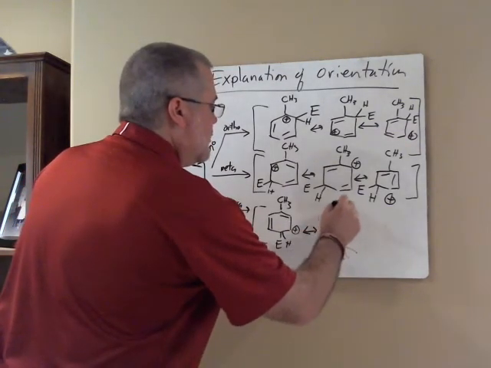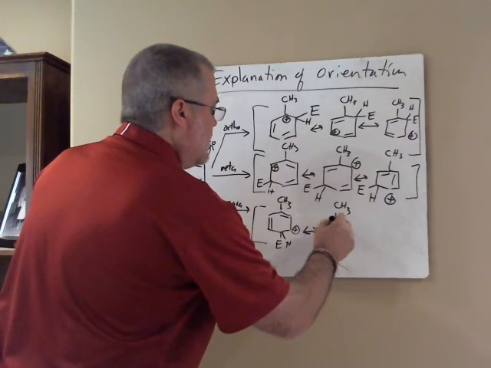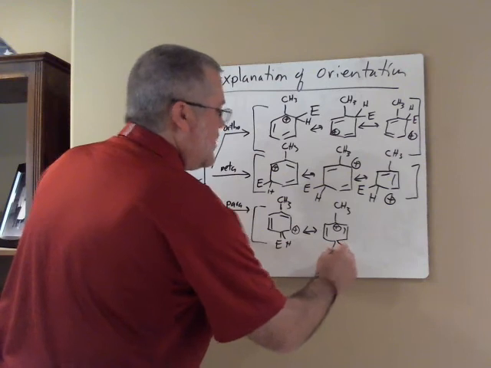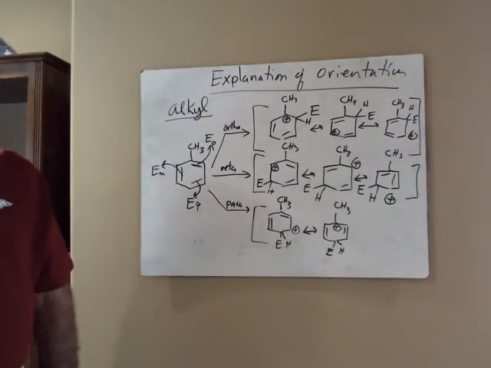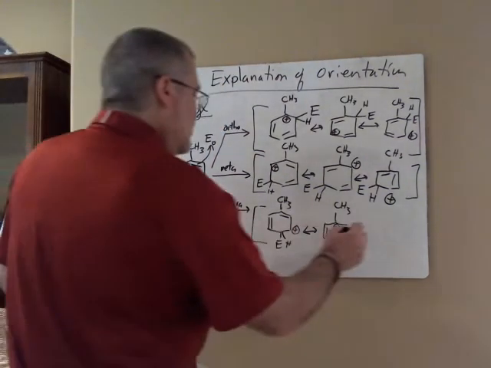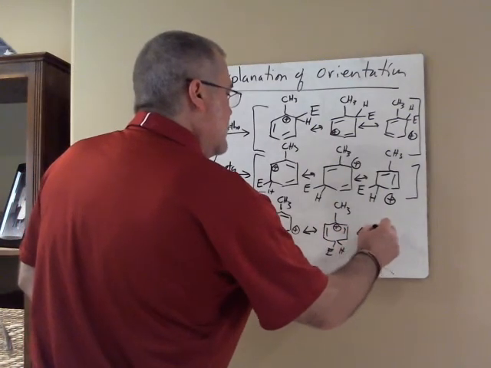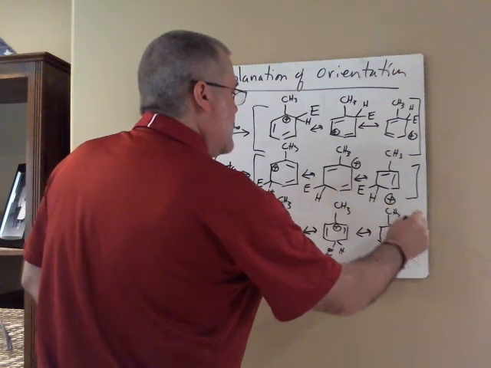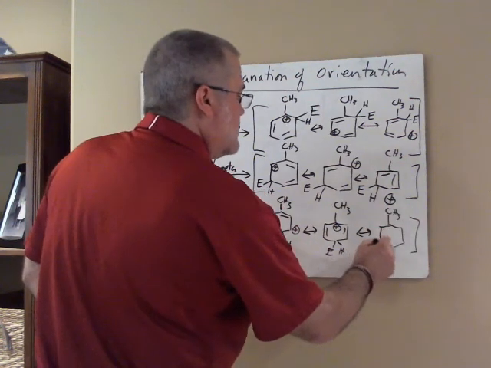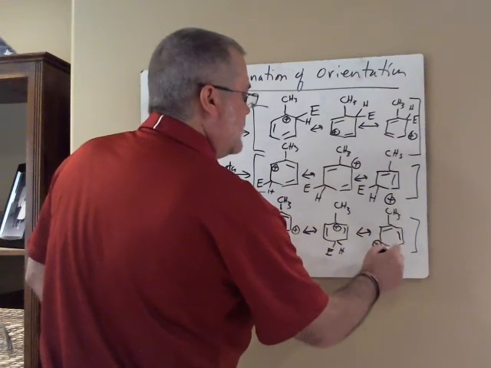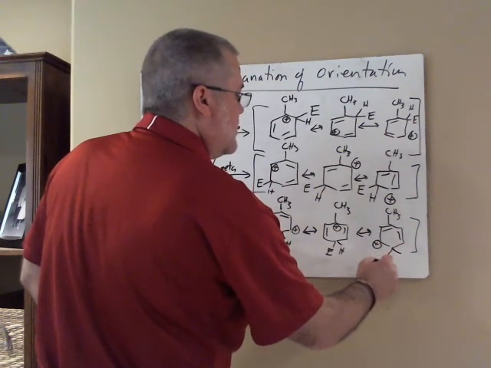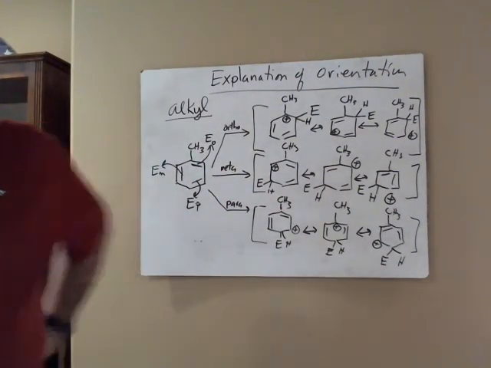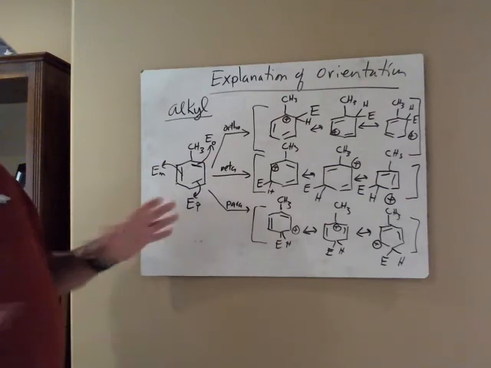So I can move the plus charge to here. And so I have that carbocation. And then I can also move the double bond to here, which would leave those double bonds there, my electrophile.